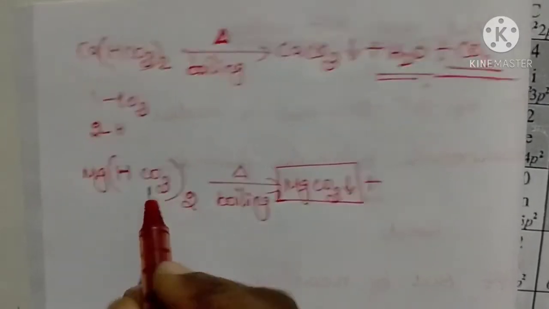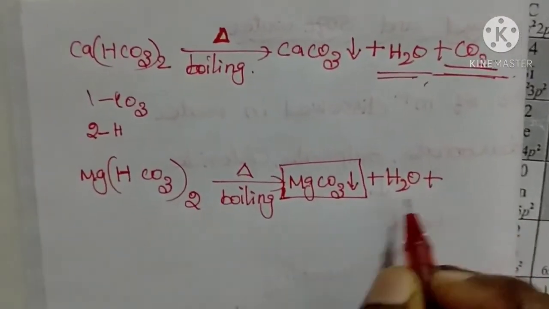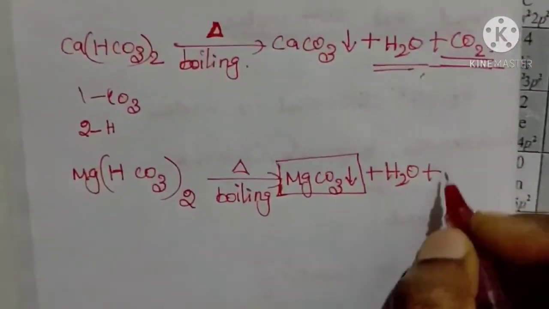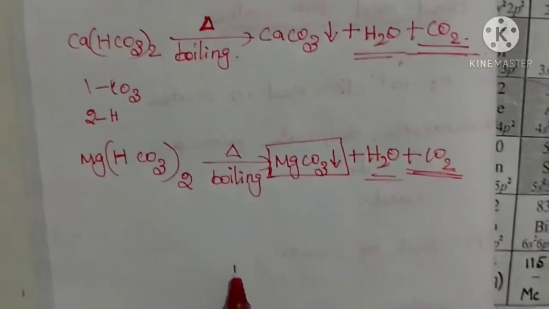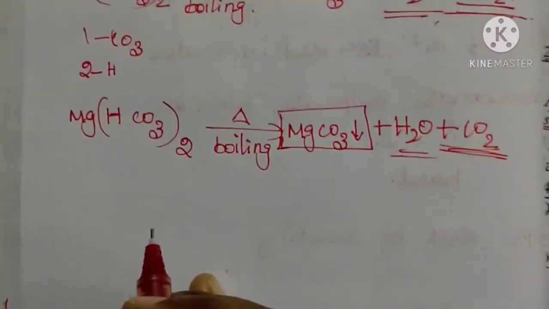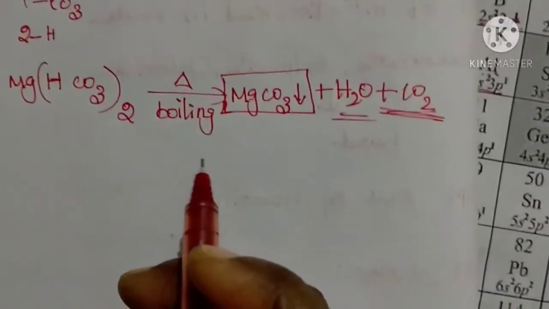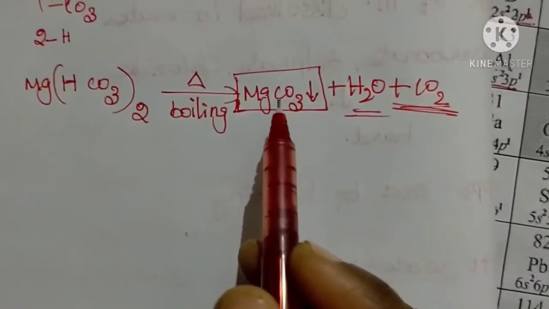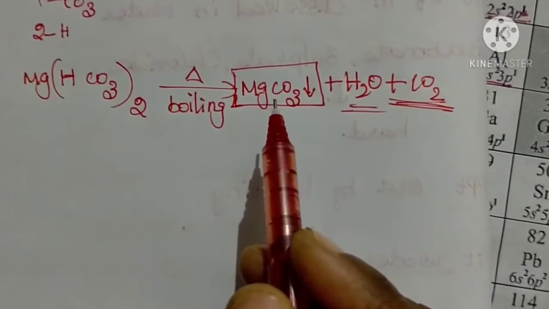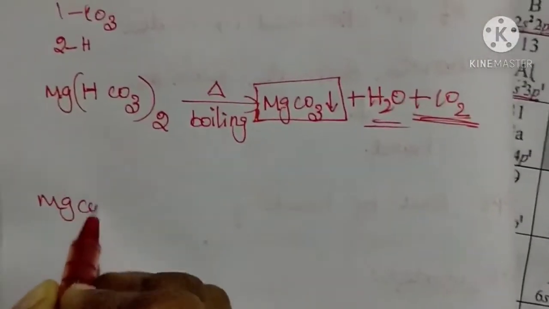Same as before, two hydrogen is combined with one oxygen from this carbonate and it forms H2O as the first byproduct, and the remaining CO2 is formed. CO2 is another byproduct. Treating this magnesium carbonate with water, or hydrolyzing this magnesium carbonate, you will get magnesium hydroxide as a product.